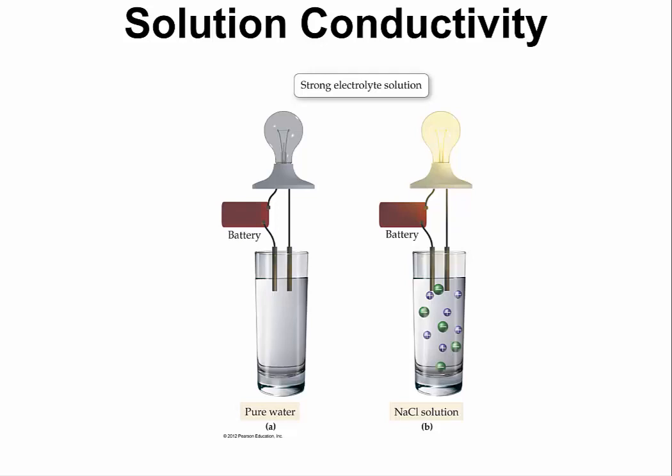If you have a glass of water and you put some water inside the cup, and you insert two metals, let's say two copper wires, in the cup, and you connect one end of the copper wire to a light bulb, and you connect the other end to a battery, and the battery to the light bulb, you will see that there will be no light because water is a poor conductor of electricity.